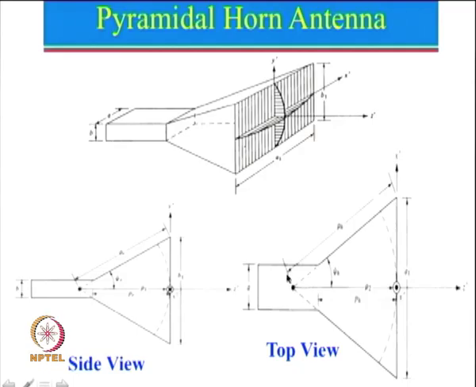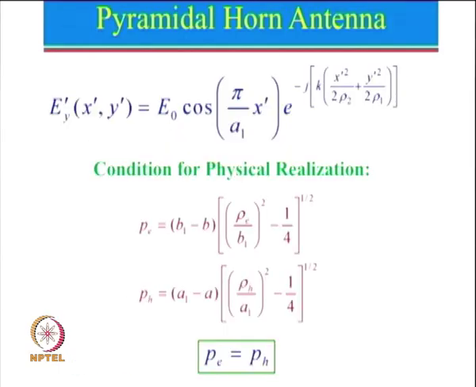Now, if you look at the field distribution, it will actually have a similar amplitude distribution, because the field variation is only in one direction, which is a cosine distribution. Again we can put it, if x dash is equal to 0, cos 0 will be 1, so that will be E0, and at x dash equal to A1 by 2, this will be pi by 2, which is equal to 0.